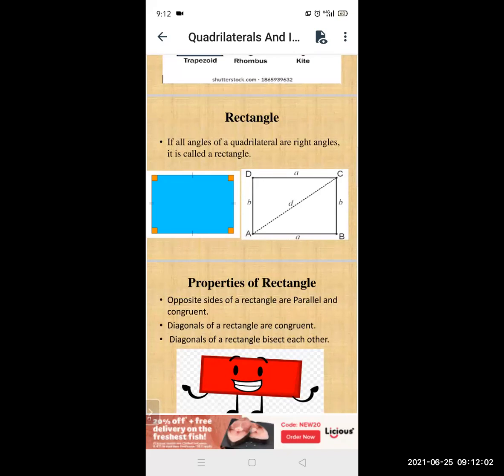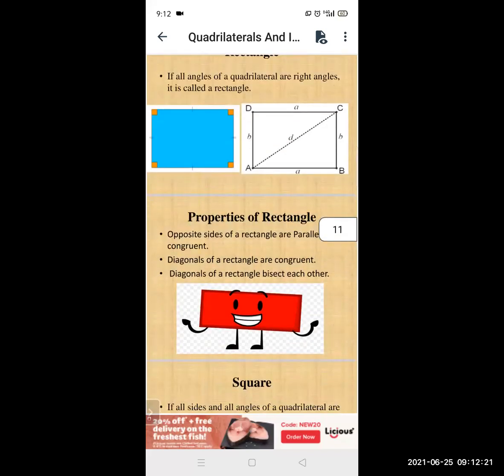So bisecting each other means they divide each other into equal parts. This is a very important property of a rectangle, which you have to remember, and only these properties are given in the textbook, and from them you have to identify which kind of quadrilateral is given to you. So this is the property of a rectangle.